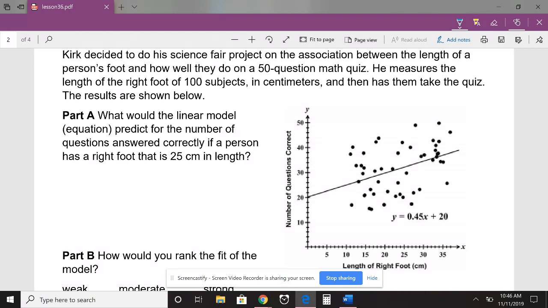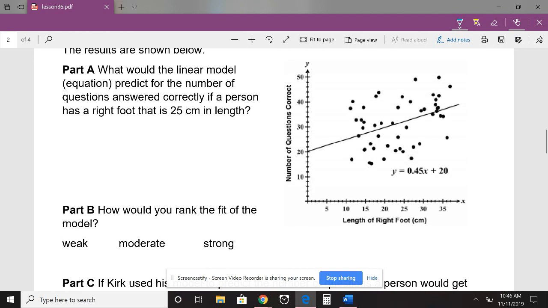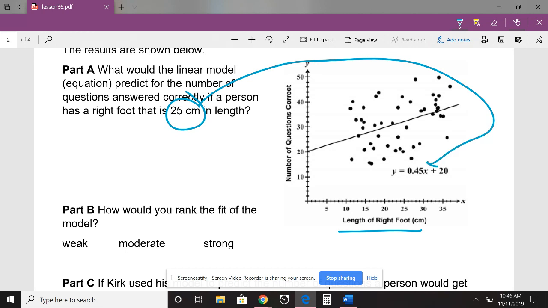What would the linear model equation predict for the number of questions answered if a person had a right foot that is 25 centimeters in length? So if somebody has a 25 centimeter foot, is that the x value or the y value? It's the x value. So what we would do is plug this into our equation for x.